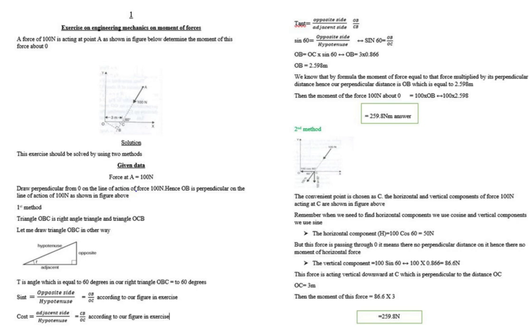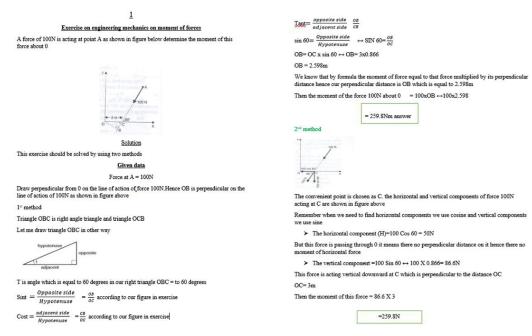We know sine of an angle equals opposite side over hypotenuse, cosine of an angle equals adjacent side over hypotenuse, and tangent of an angle equals opposite side over adjacent side. It means sine of the angle equals OB over OC, cosine of the angle equals CB over OC, and tangent of the angle equals OB over CB.